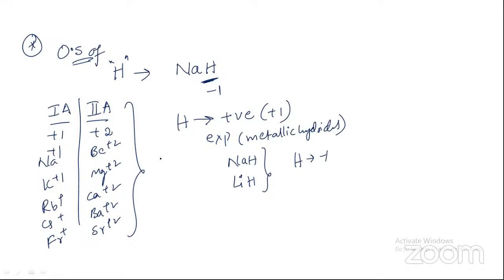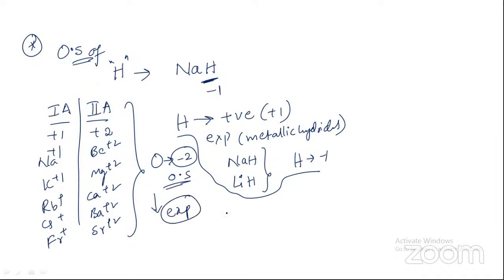Next we talk about oxygen. Oxygen basically will be -2. Oxygen will have -2 oxidation state. लेकिन एक्सेप्शन है पेरोक्साइड्स के लिंकेज में. Whenever there is any peroxide linkage, then the oxidation state of oxygen will change.